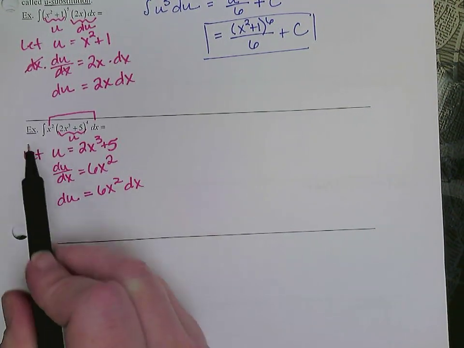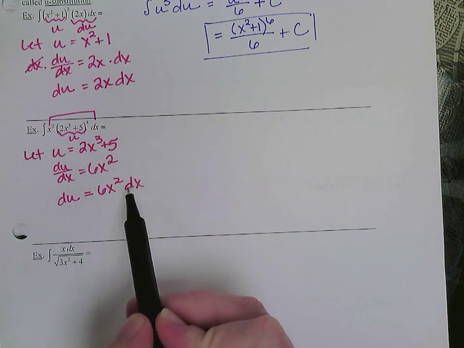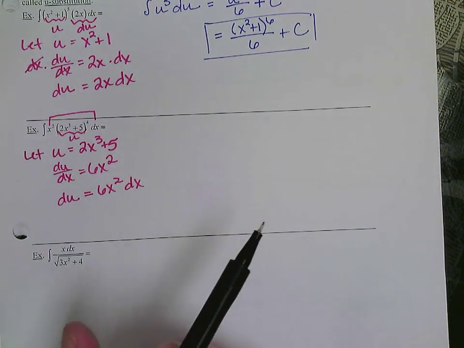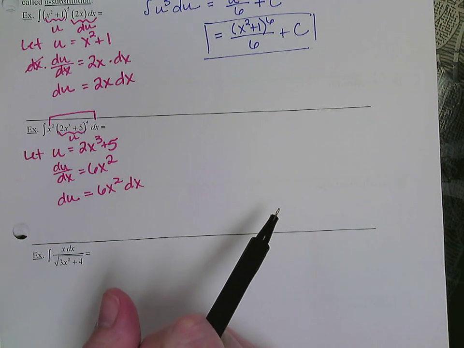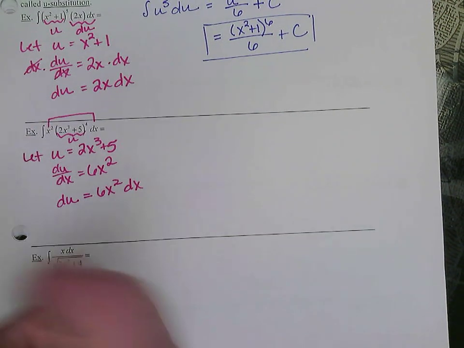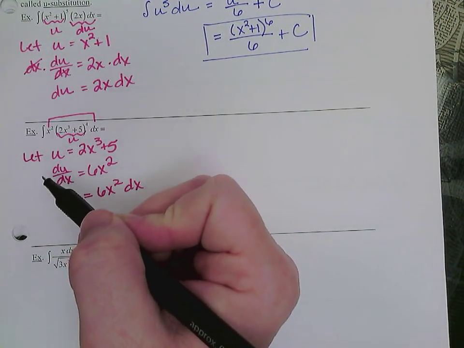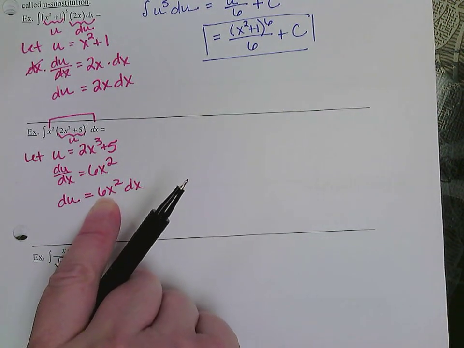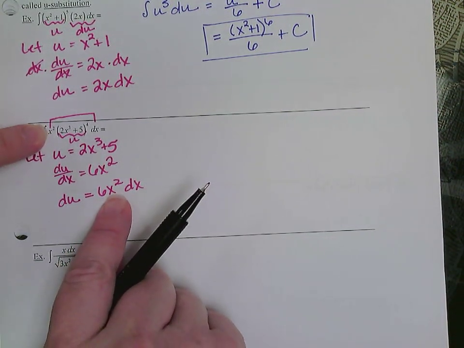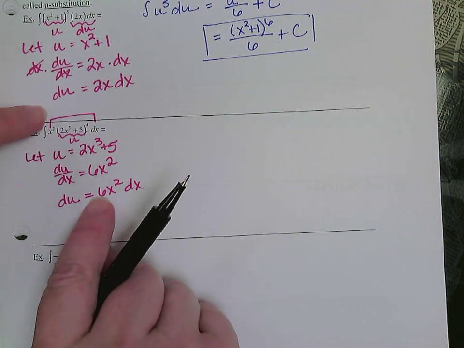I have an x squared, and I have the dx. I don't have the 6. I can't just put a 6 in there. If there was a 6 in there, I could pop it in the front. I've got the x squared, and I've got the dx, but I have this extra 6.